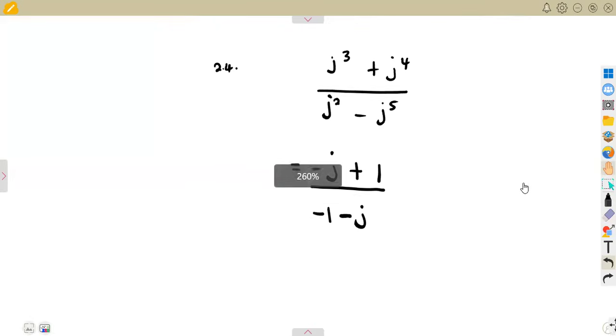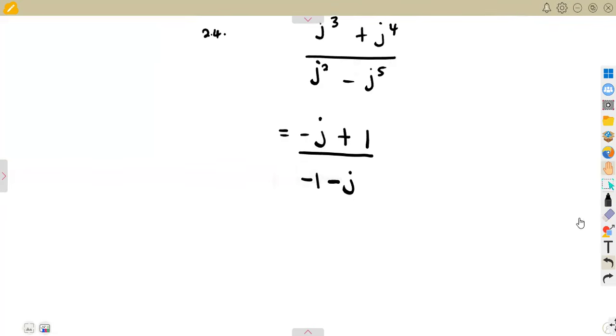So from this, how can we simplify further? Remember that j is actually representing the square root of minus 1.